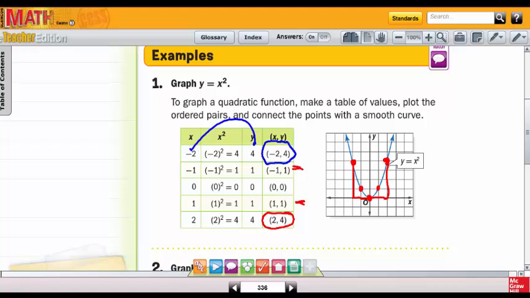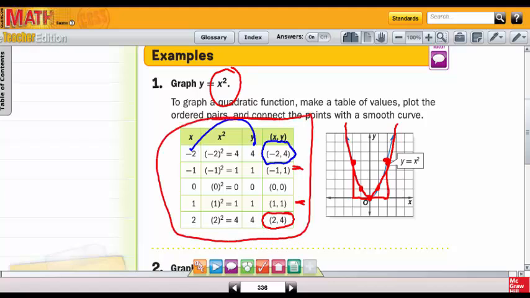So once we have these points plotted, and because we recognize that this is quadratic and therefore a curved line, we can plot this like this and this right here. So remember, you need to be able to do two things. You need to be able to create a table of values so that you can get specific points.